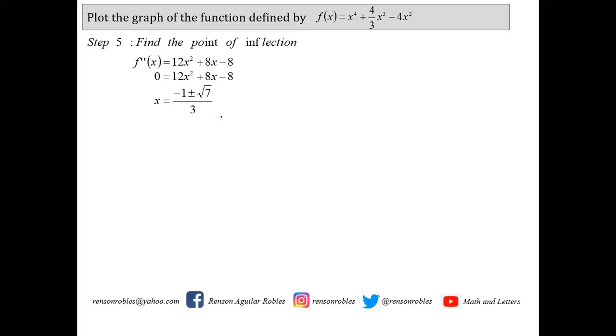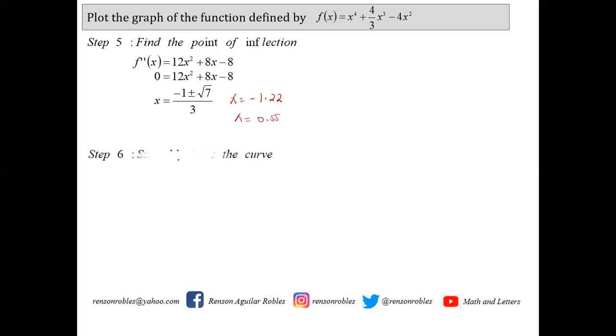You can use different ways to find the value of x, such as the quadratic formula, and that will give you x equals negative 1 plus or minus square root of 7 over 3. That's x equals negative 1.22 and x equals 0.55. These two values of x are our points of inflection.